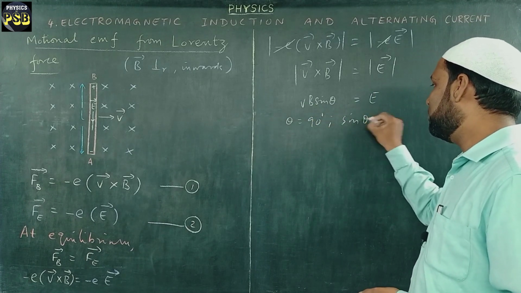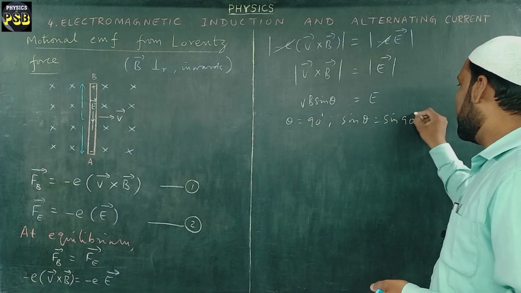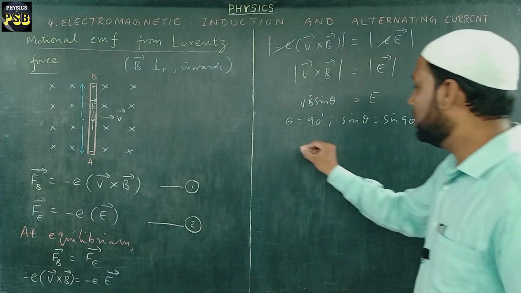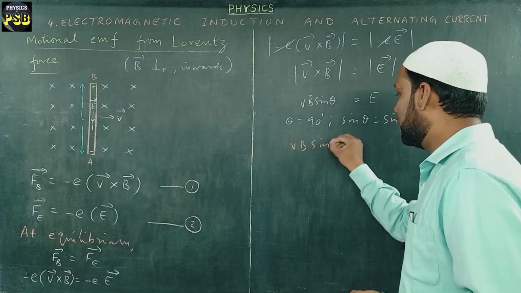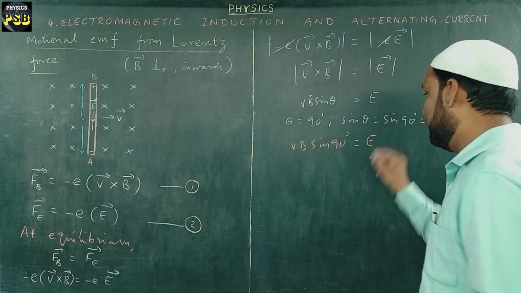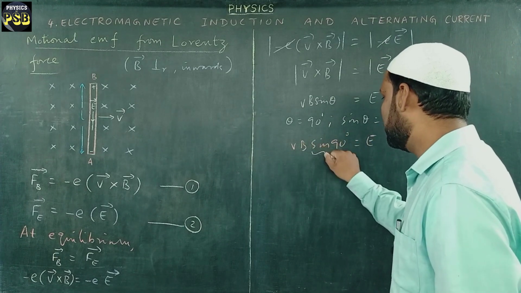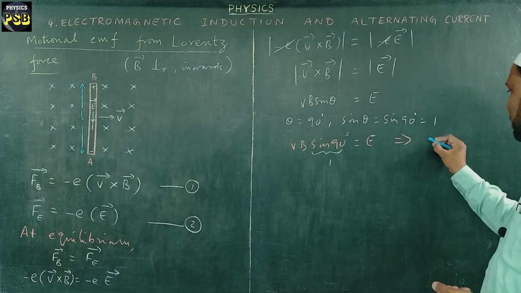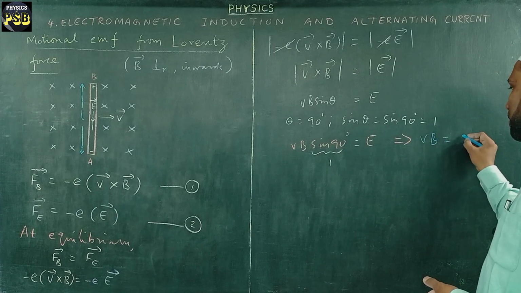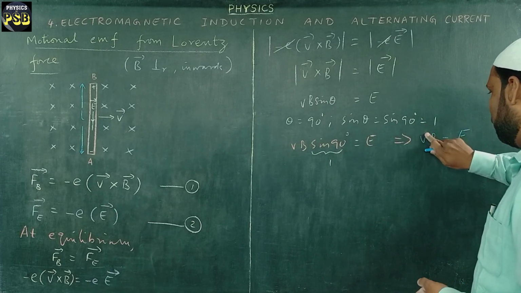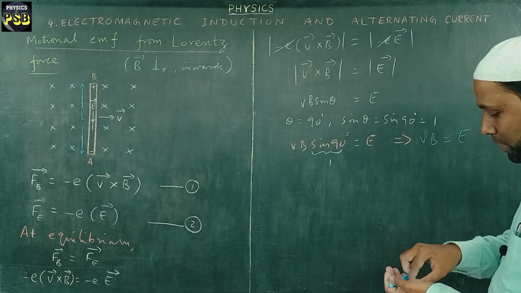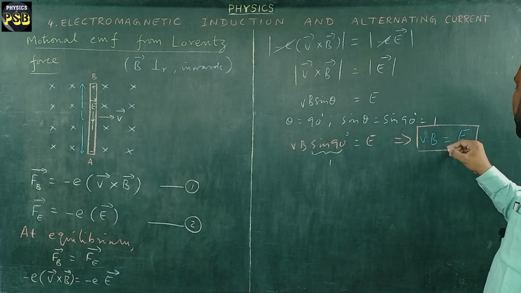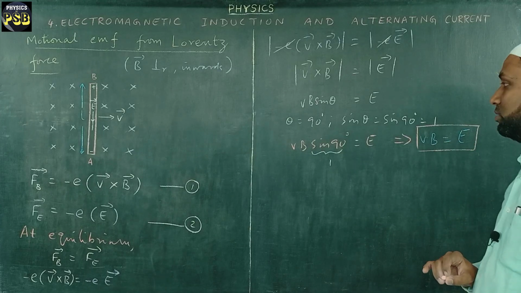So sin of theta equals sin of 90, which is nothing but 1. So we get V B sin 90 equals E. Here sin 90 is nothing but 1. So in the next step we get V B equals E, where V is small v. I box this. This relates the electric field and the magnetic field. Clear?